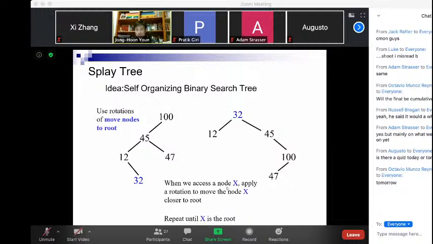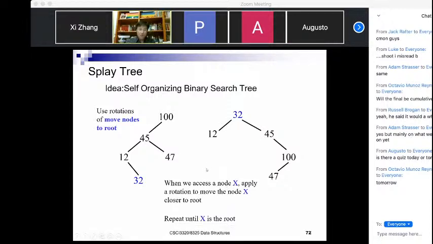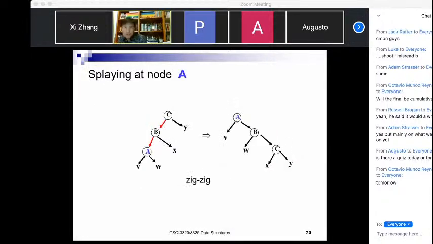Then now we are ready to discuss the rotation. In splay tree rotation, there are 4 more rotations. Actually, altogether there are 6 rotations. However, many rotations overlap with AVL tree rotation.